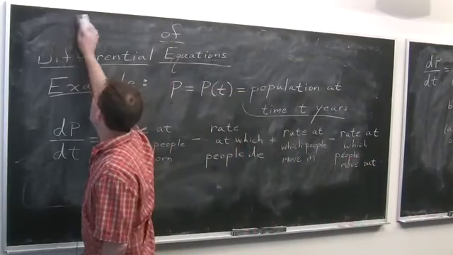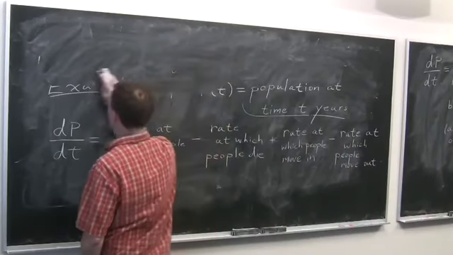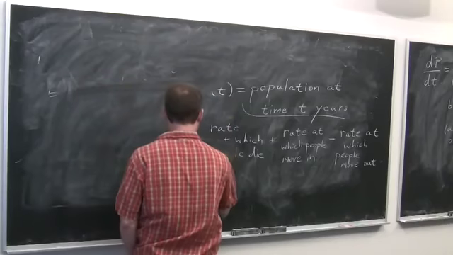So suppose we start with a city with a population of 500,000 people.